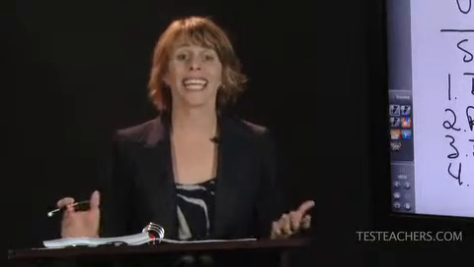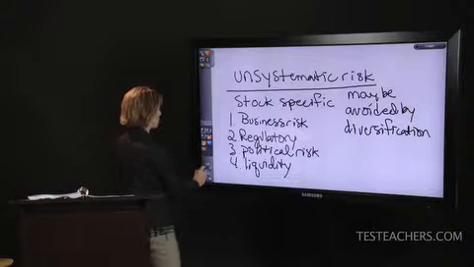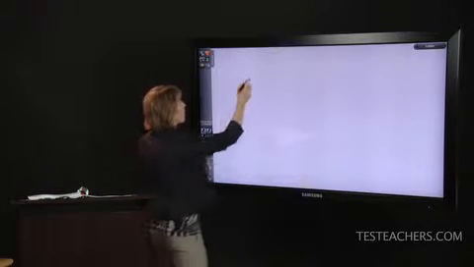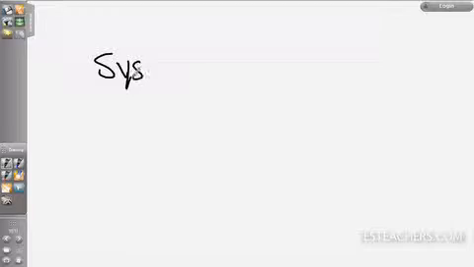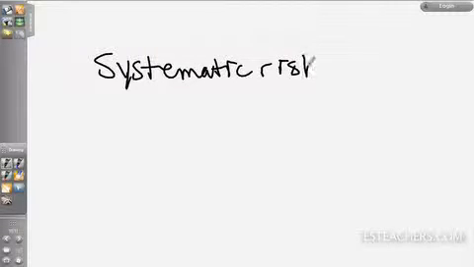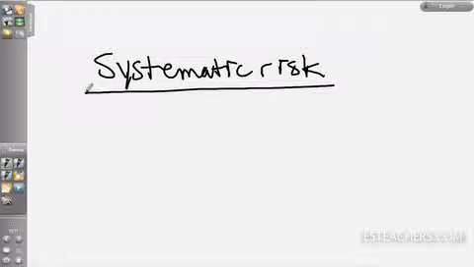Systematic risk cannot be avoided by diversification. So systematic risk: the economy is a system. And when you're in the system, there's no getting away from these three types of risks. Diversification does not help to eliminate systematic risk.